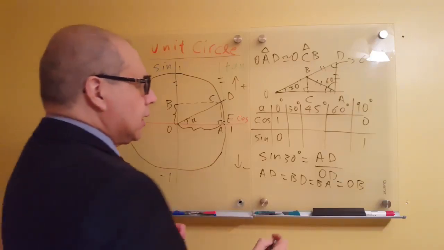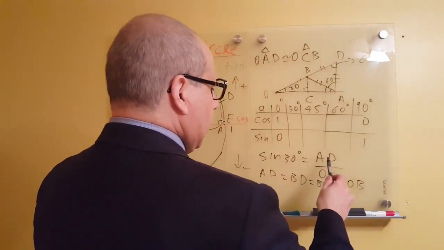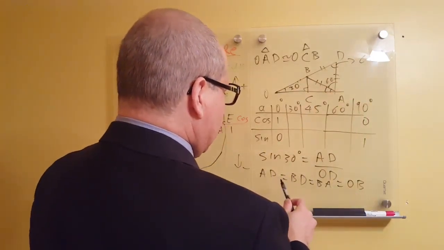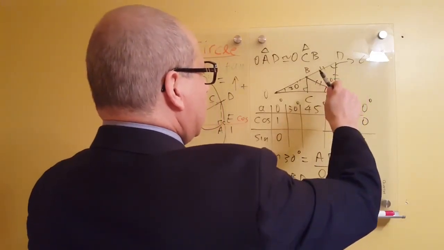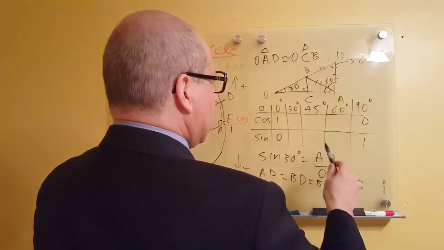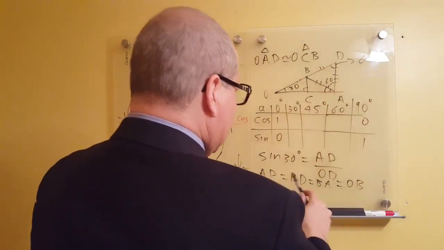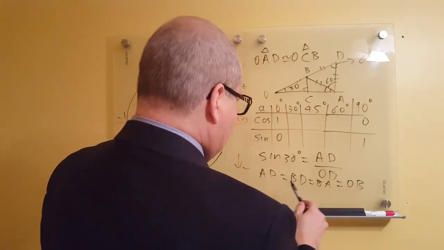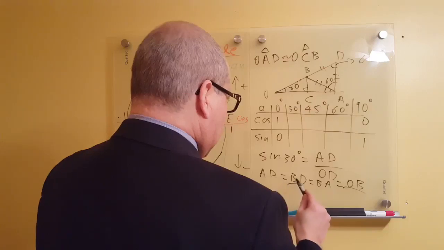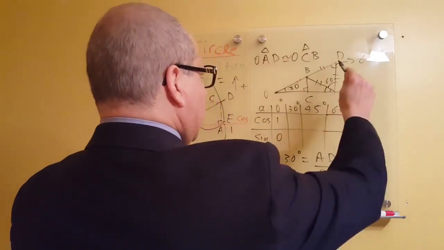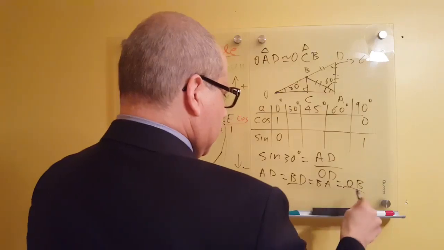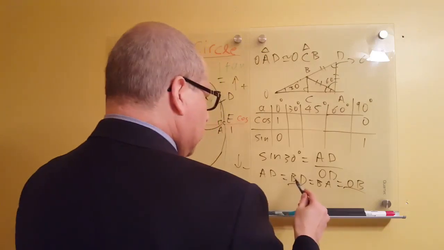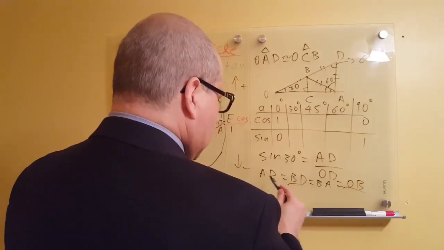So what does it mean? It means that the OD is equal with OB plus BD. Since this and this are equal, and the OD is this plus this, and since all of them are equal, it will make, let's say, 2BD or 2AD.